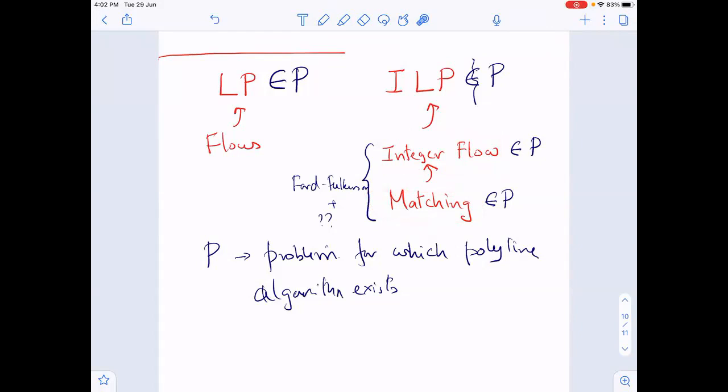But if you cannot do that, then you can try to write it as an ILP problem, in which case there is no guarantee that you have a polytime algorithm, but you have reduced to a more generic problem. So this gives you the idea that choosing what problem to reduce a particular problem to is a very crucial part of algorithms.